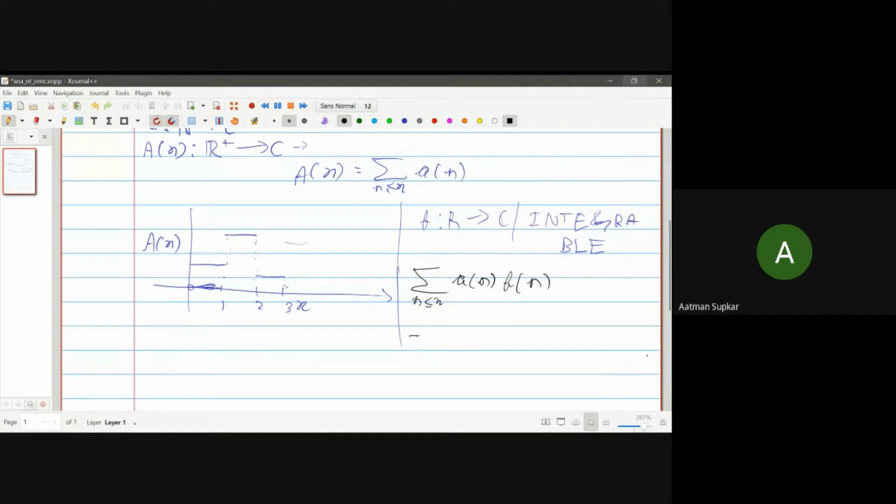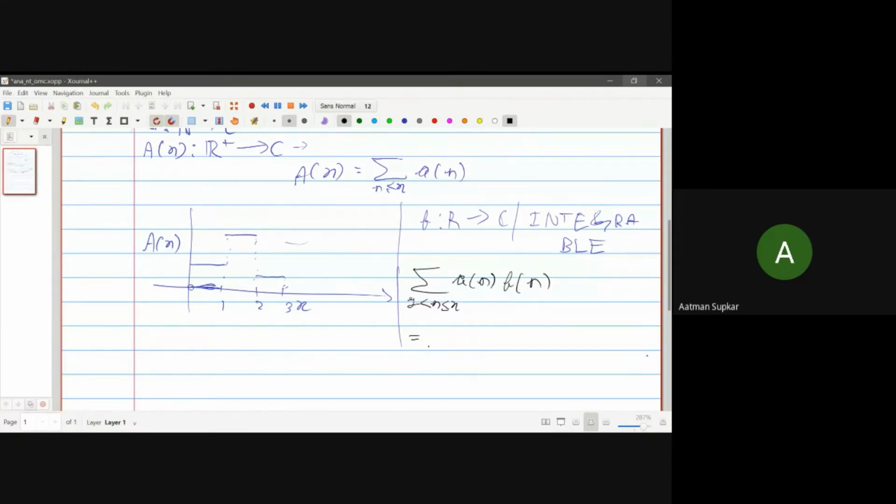I claim this is equal to, wait, let's change this to summation y less than or equal to n, y strictly less than n less than or equal to x. The notation might look a bit uneasy, but unfortunately I read it from a bad source and now I'm used to it myself.